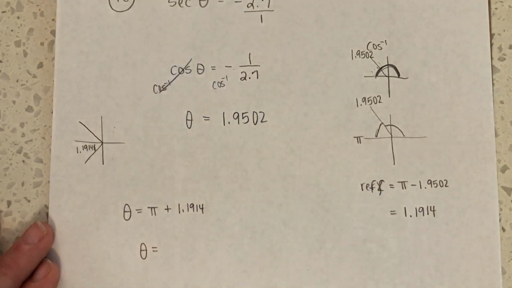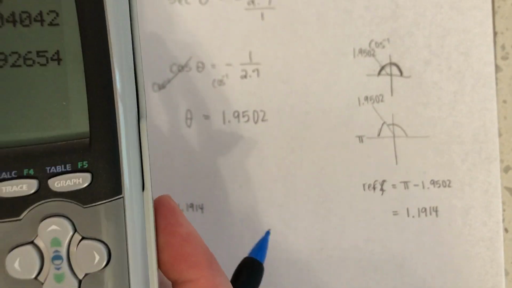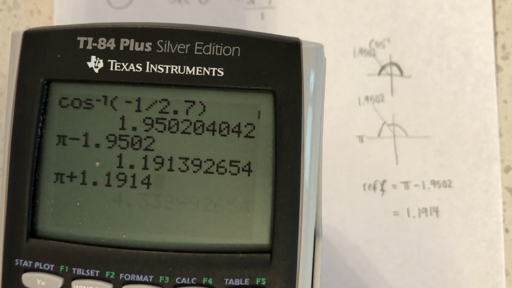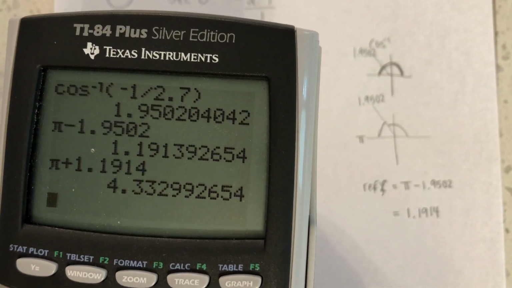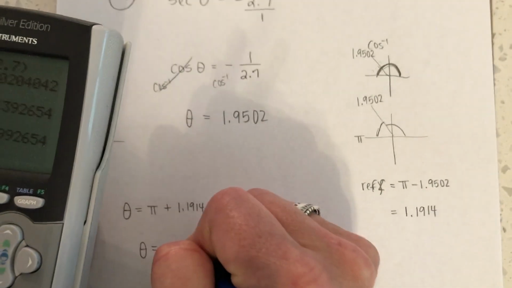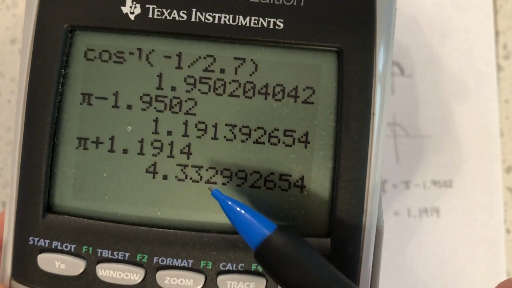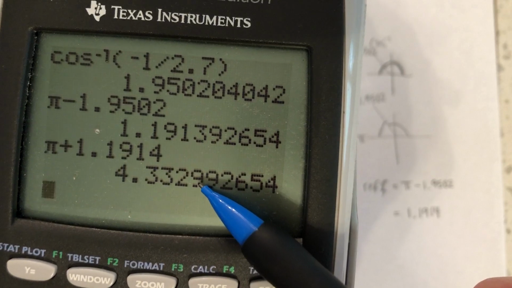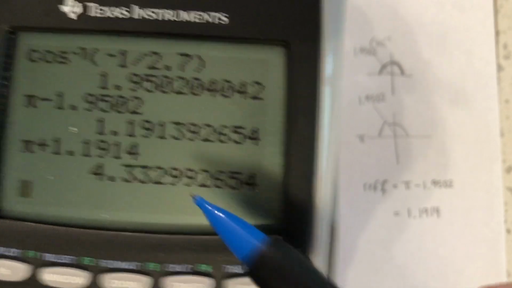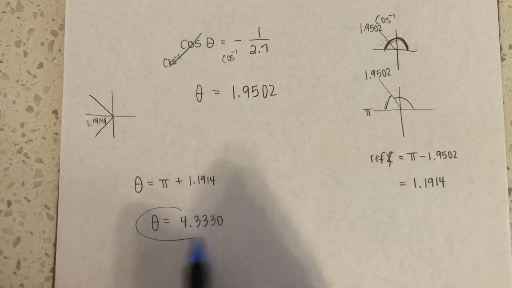Theta will equal pi plus 1.1914, and it's 4.3330.